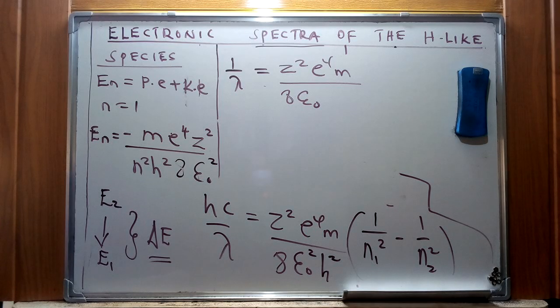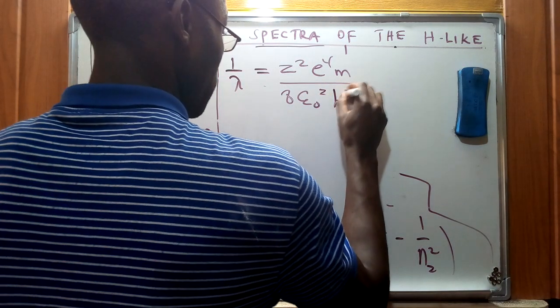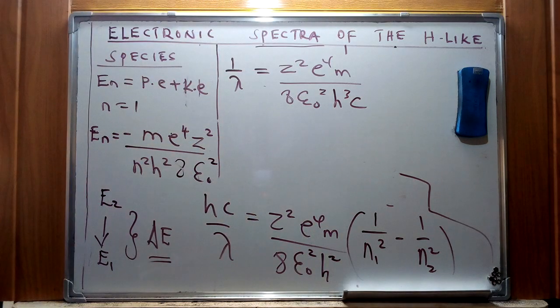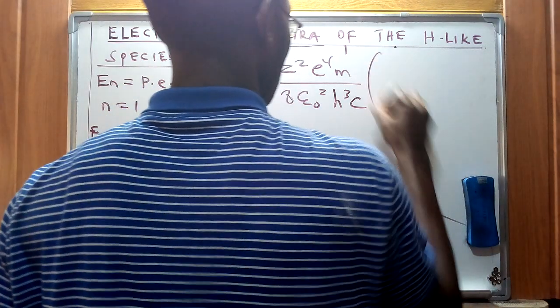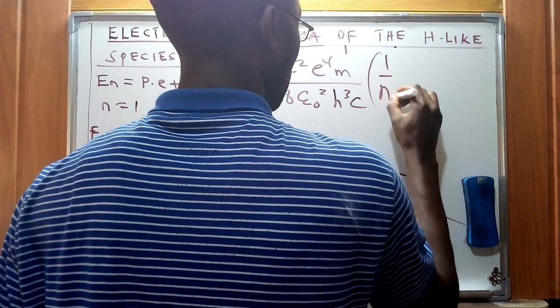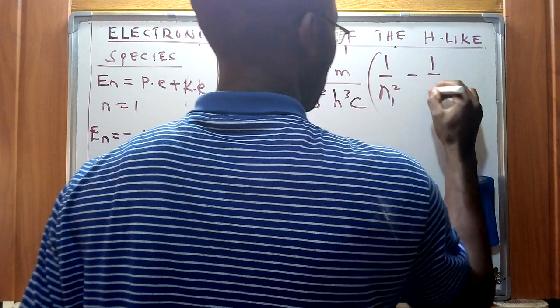Therefore it's going to be represented as h cubed c, and the rest, which is the Z squared and the n1 and n2 aspect, is going to remain just as it was.